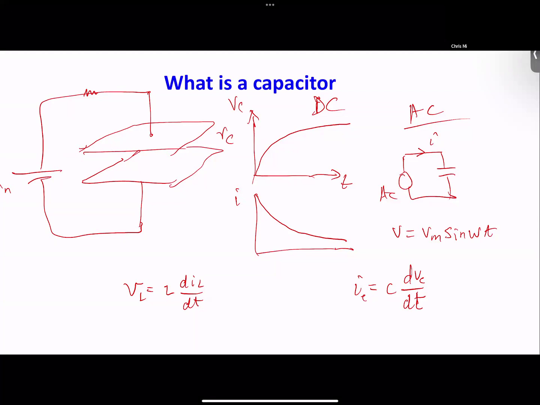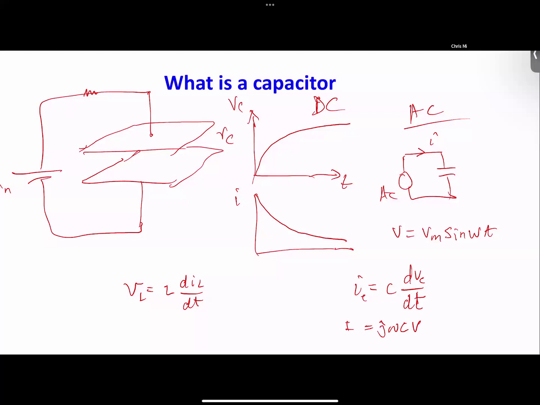And in your circuit analysis, you know that the time domain is very complex. So therefore, we convert it into the so-called frequency domain. We write this down as I equal to j omega C times V. That's how we write the relations.